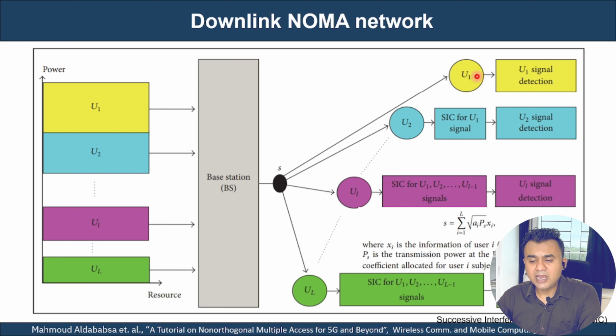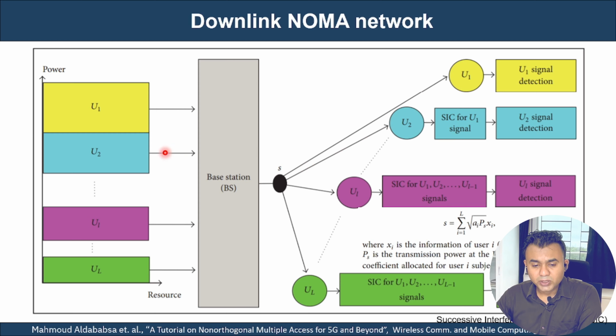At the receiver side, U1 naturally has the largest power, so it detects the signal for its own, and the other users' powers are lesser, so that is noise for it, and it will ignore it.